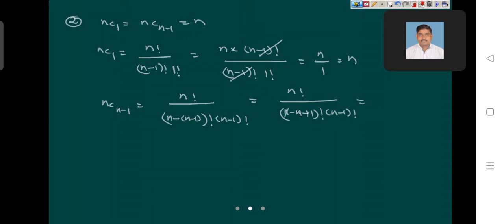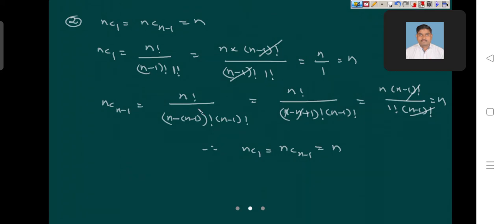This n factorial you can write as n into (n minus 1) factorial by 1 factorial into (n minus 1) factorial. (n minus 1) factorial cancels, n factorial by 1 is equal to n. So from this you can conclude nC1 is equal to nC(n minus 1) is equal to n only.